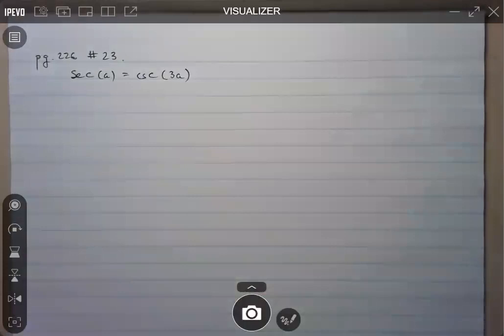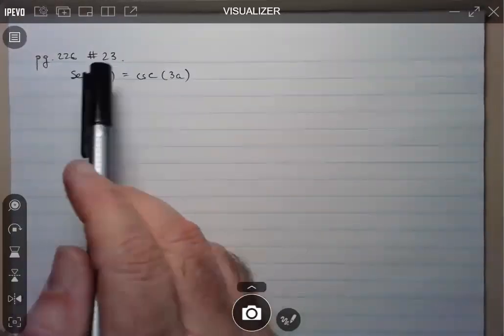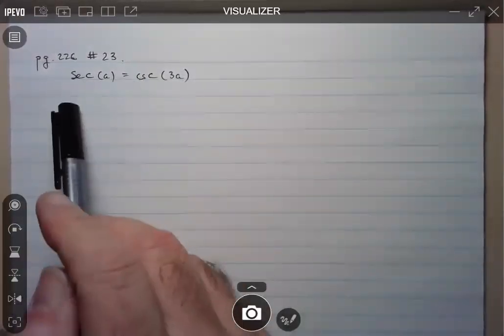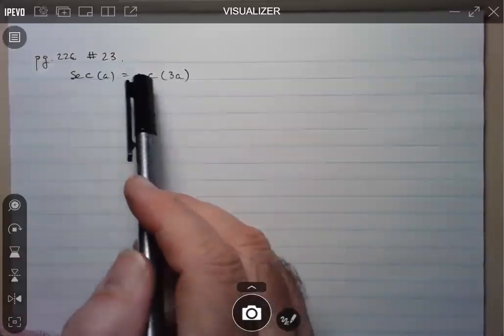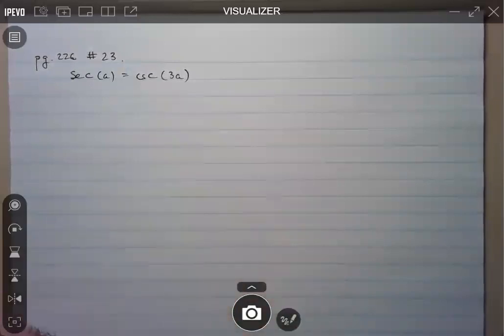Now, what I see here is two equal trig ratios, but not the same trig ratio. So I should be thinking correlated angle identities. Problem is when I look on my formula sheet, I don't see something that directly connects secant and cosecant.